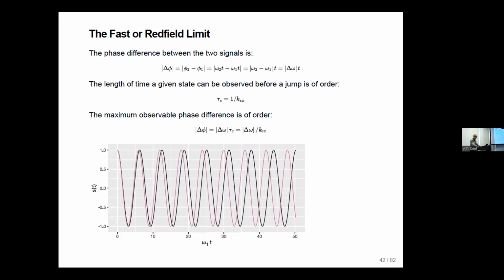Now we have 2 signals, but we're jumping back and forth. So the system is in state A, you have frequency A. Now you jump to state B, and that disrupts your ability to tell the phase, because now the phase starts to get averaged between the two states.